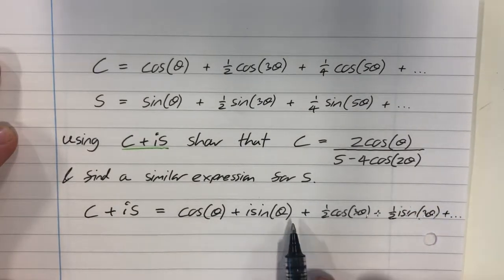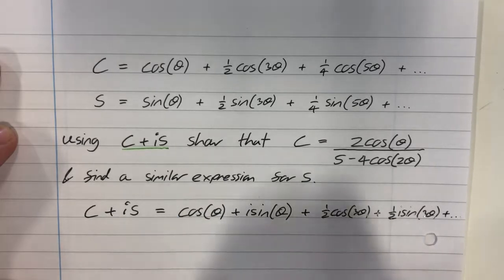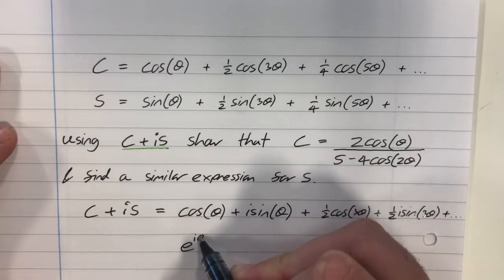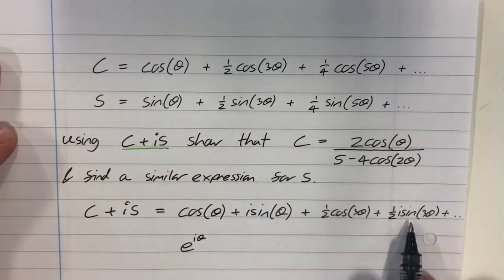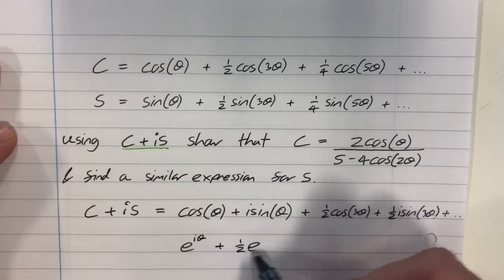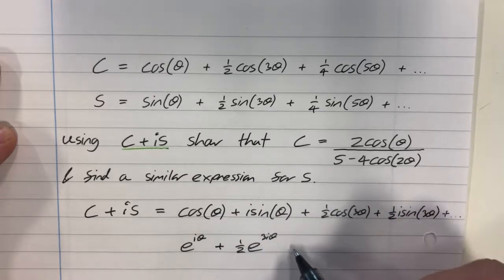But using exponential form, we can state the first two terms as just being e to the i theta. The next two terms combine to give a half e to the 3i theta.